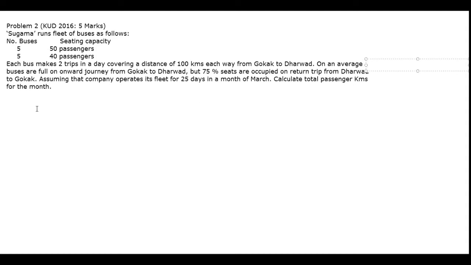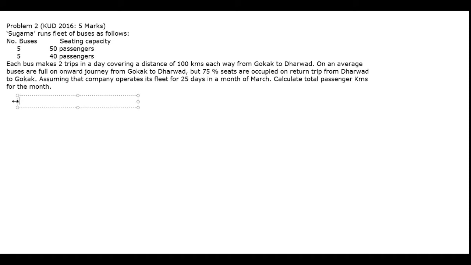So now we have to calculate first the buses having 50 passengers seating capacity onward and return journey, and next the buses having 40 passengers seating capacity onward and return journey. So 4 things are to be calculated here.